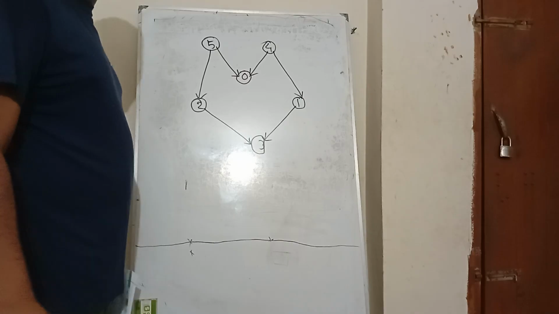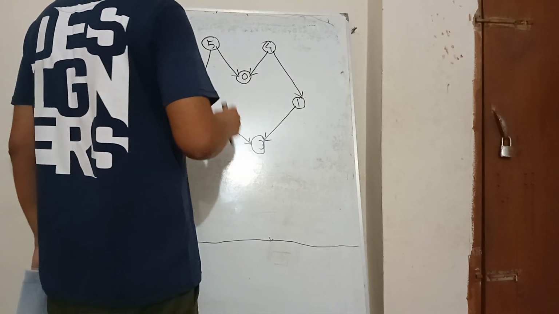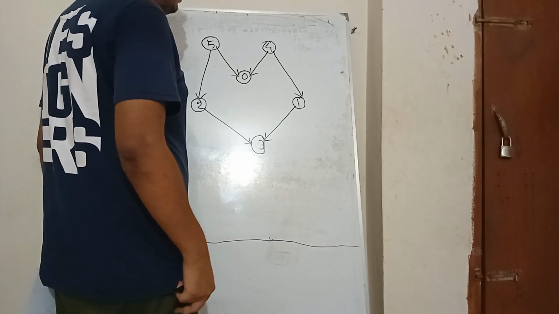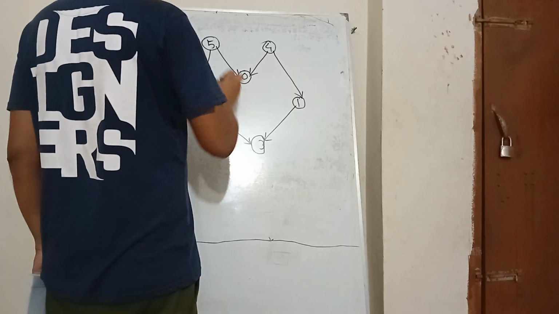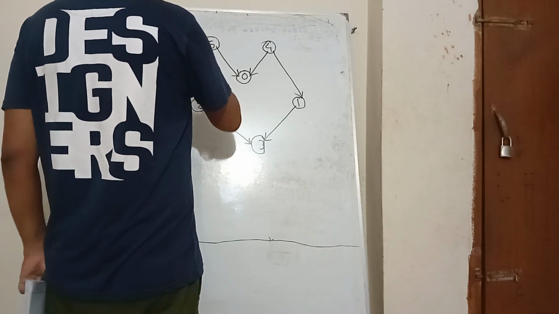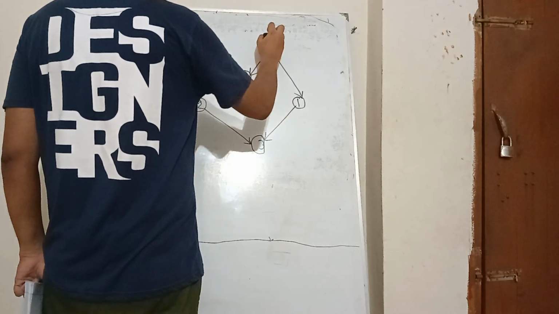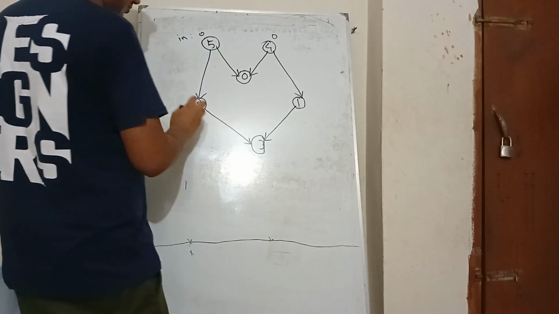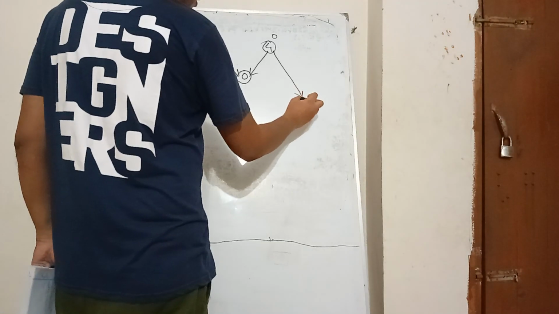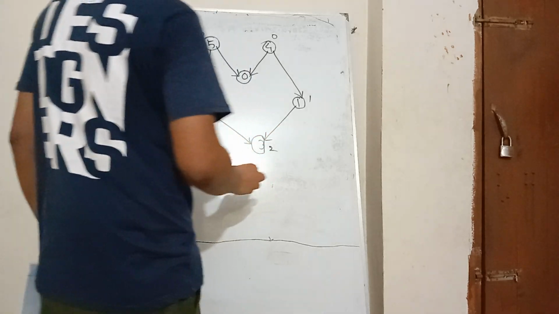So how to do topological sort? We have to count the in degrees of every vertex. Here 5 has in degree 0, 4 has in degree 0, 2 has in degree 1, 1 has in degree 1, 3 has in degree 2.